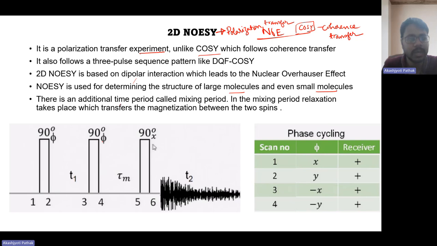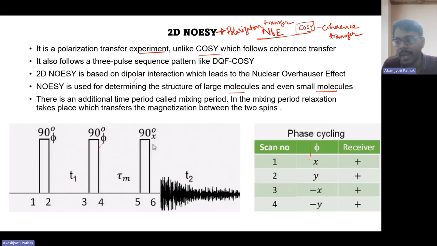If you observe the pulse sequence of a 2D NOESY, you see that there is another mixing time, introduced between the 90-degree phi pulse and the 90-degree X pulse. In this mixing period, relaxation takes place, which transfers the magnetization between the two spins. Here also you have this phase cycling, 90-degree X, 90-degree Y, but this phi is different.